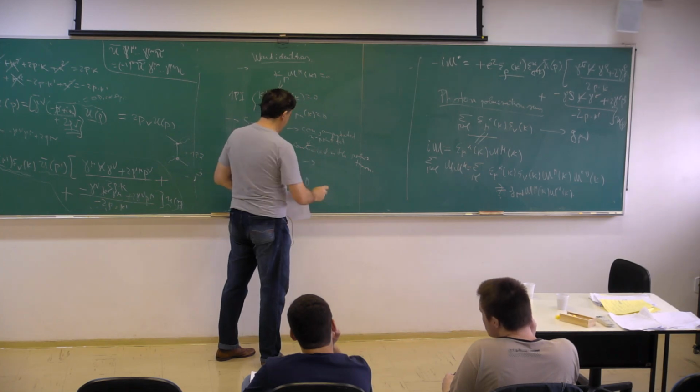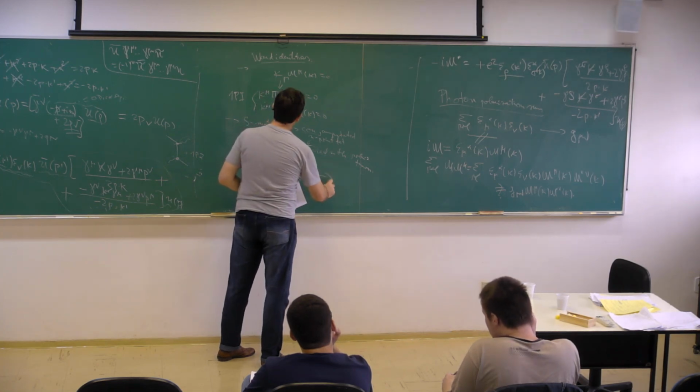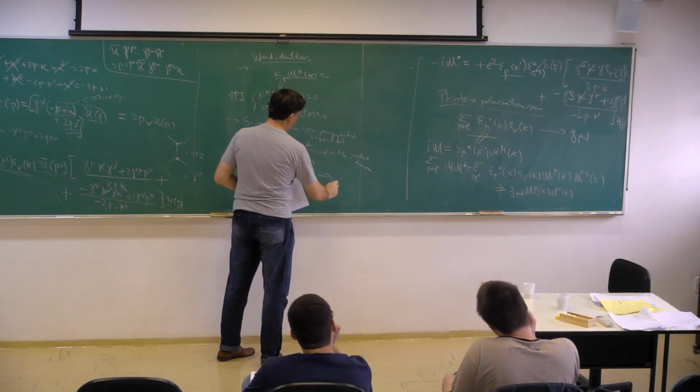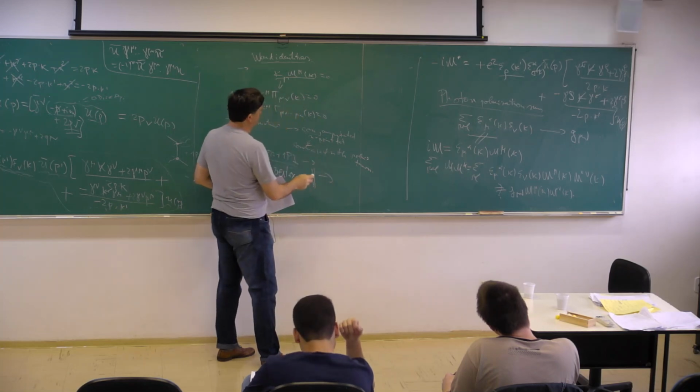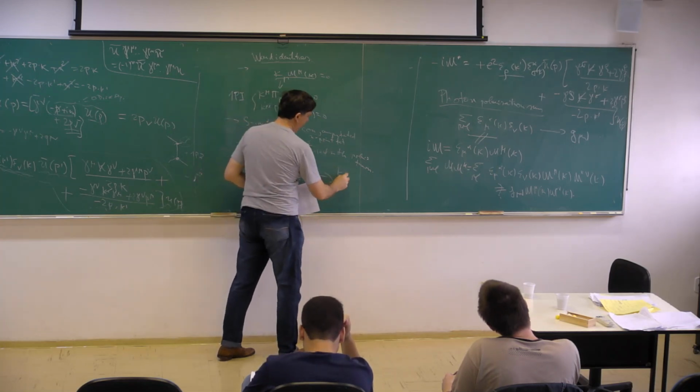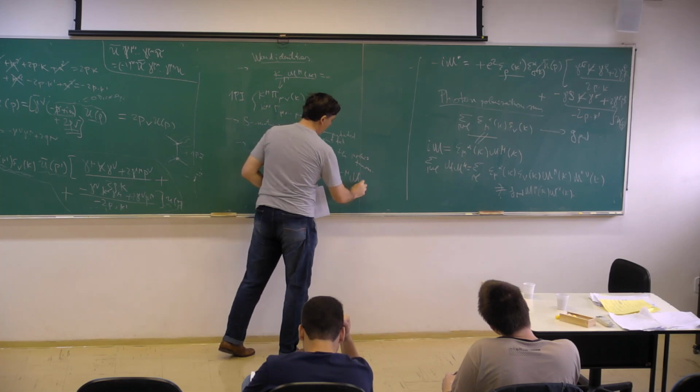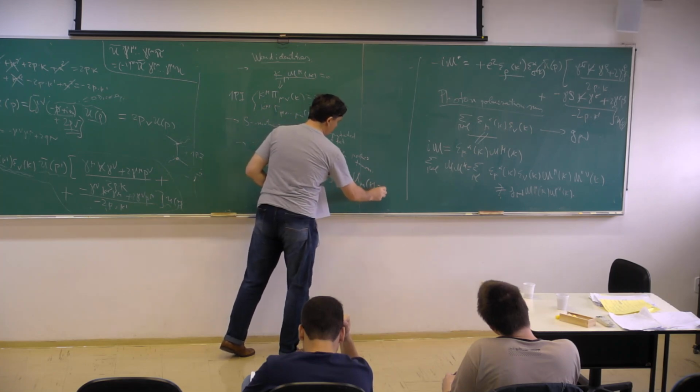So the point is that for all of the components possible in the S matrix, we still have that k^μ M_μ(k) is equal to 0.